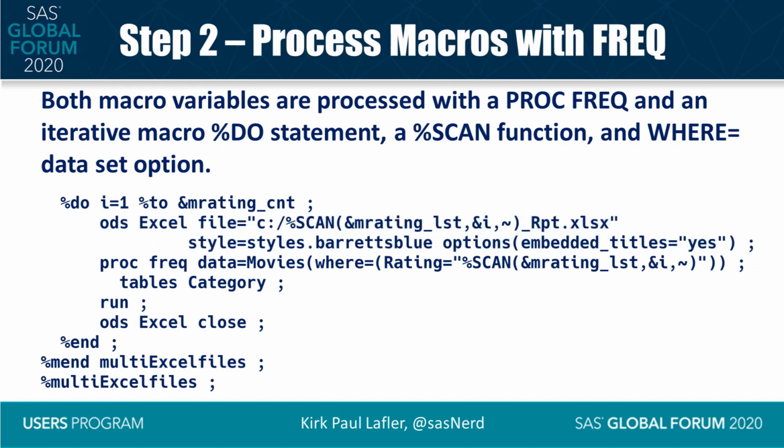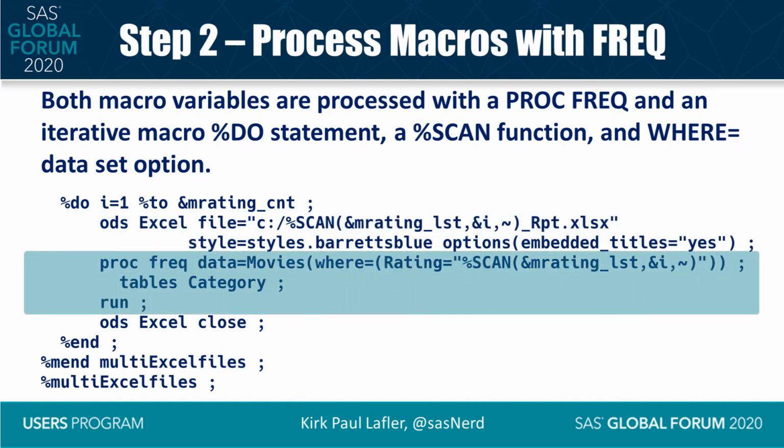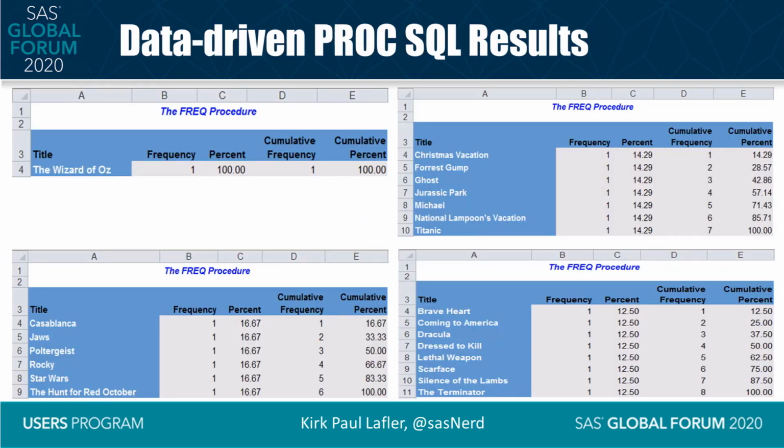It's going to do this 4 times for each distinct movie rating. The results are 4 separate Excel files, one for G-rated movies, another for PG-rated movies, a third for PG-13 movies, and a fourth for R-rated movies.